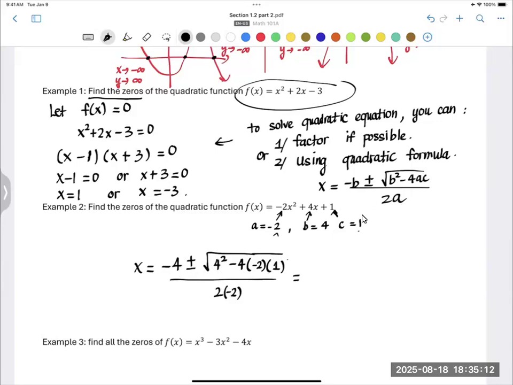So we will have -4 plus and minus the square root of 16 plus 8, over -4. And then that will be -4 plus and minus the square root of 24, over -4.